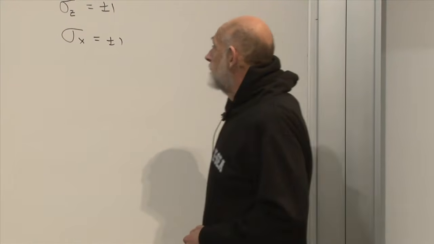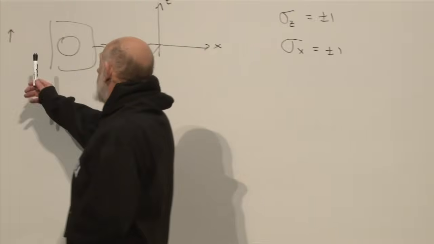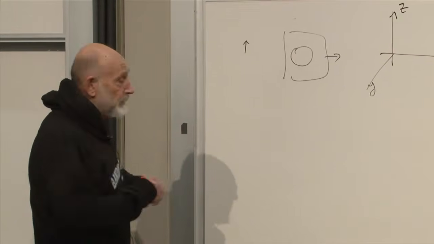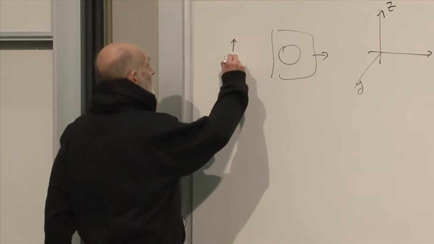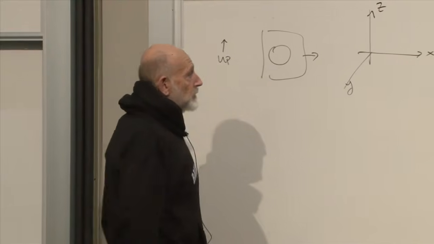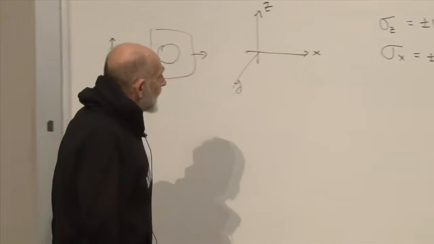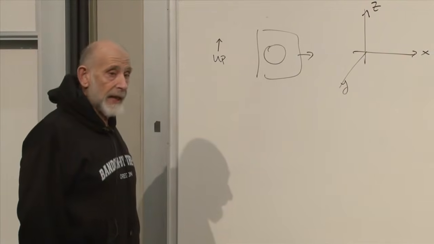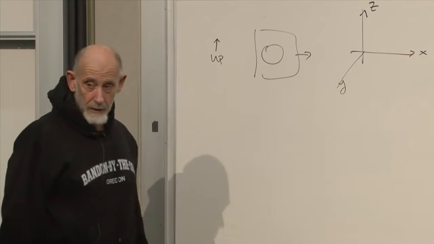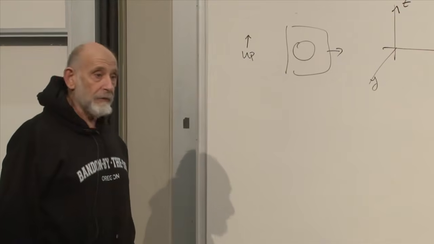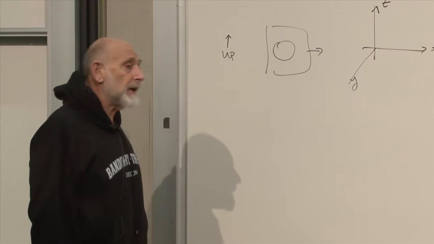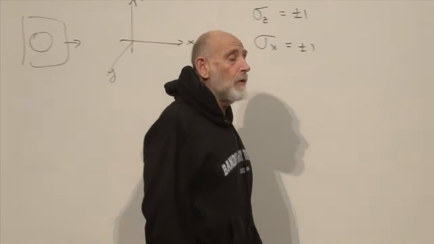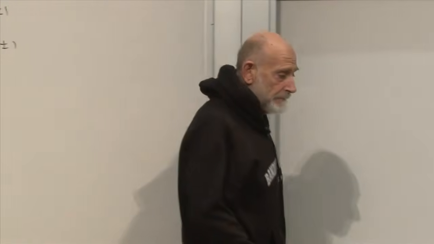In particular, if you begin by orienting the spin along the z-axis in the up direction, let's call this up, that means sigma z is equal to +1, and then rotate the apparatus, detect it again, you won't necessarily get +1. In fact, you may get +1 or you may get -1 with equal probability. You could do the experiment over and over and over again.